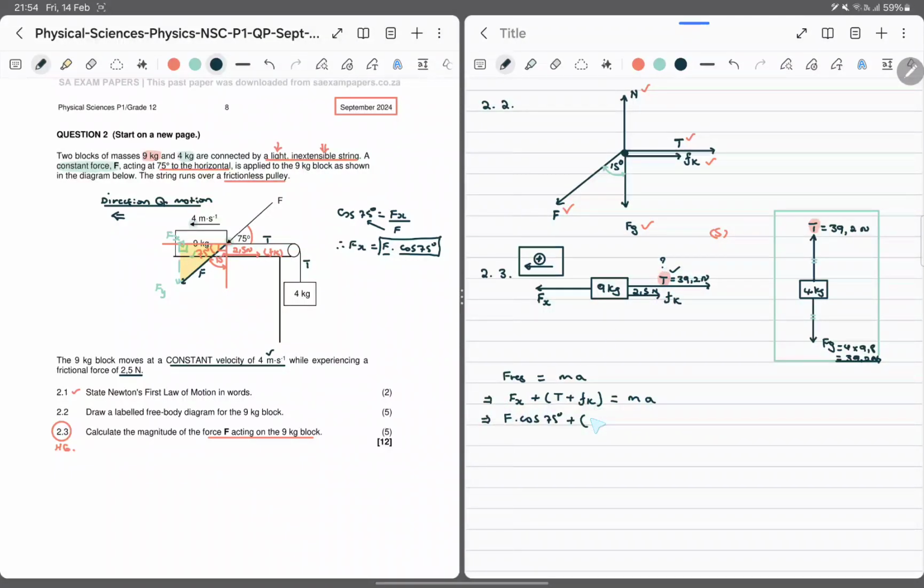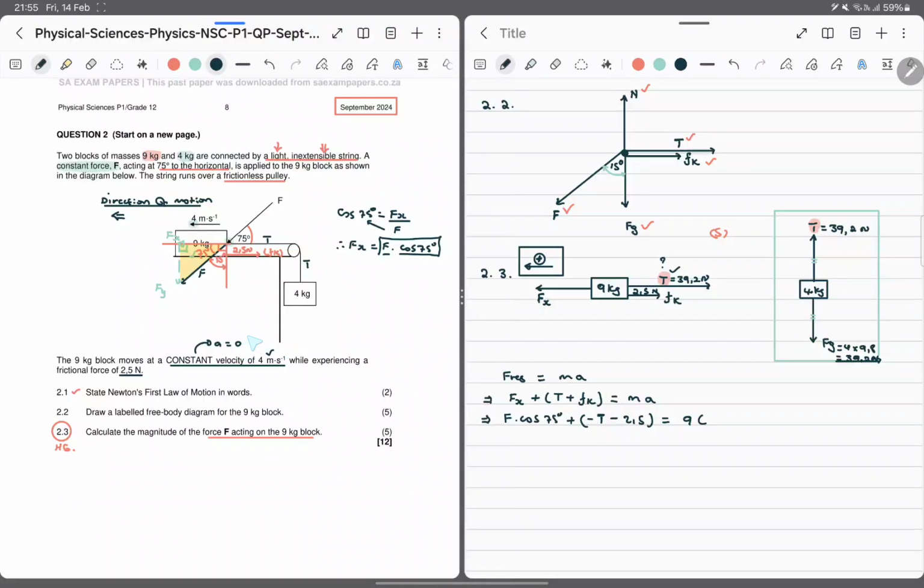Now these are going to be negative, so it's going to be minus tension, because we don't know it yet. Don't worry about that, we calculated it there. That was not answering. Then minus 2,5 equals 9. What's the acceleration? We were told that this is doing constant velocity. Now constant velocity simply means acceleration is 0.